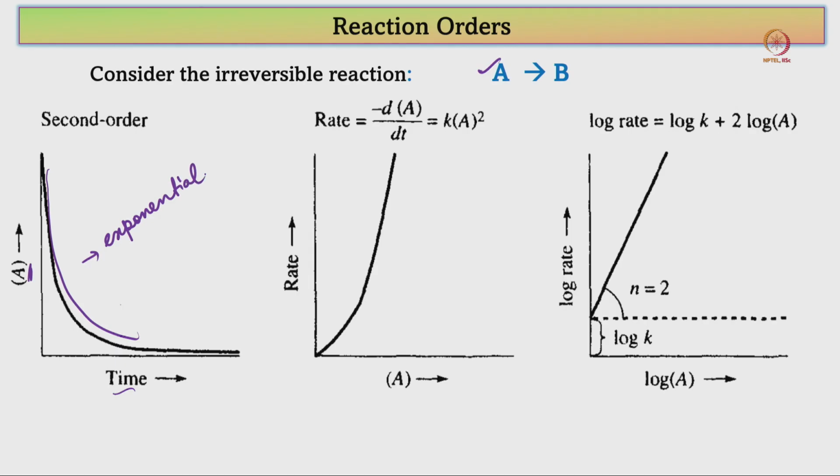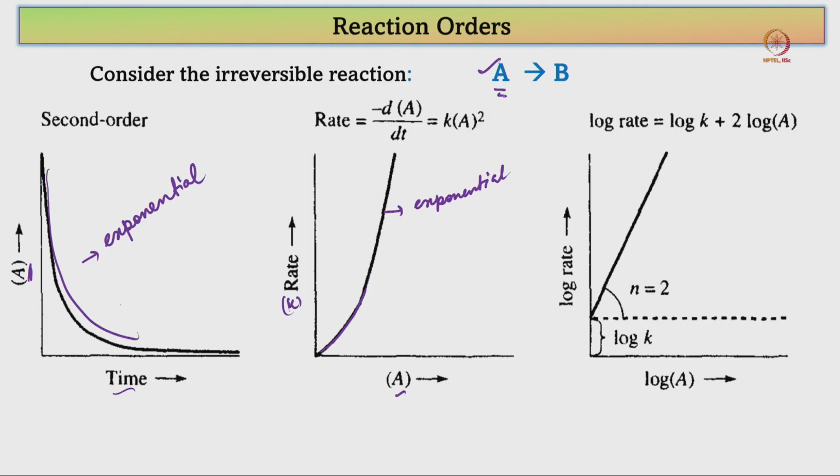And if you plot the rate constant k with the concentration term, you see that it is increasing exponentially. So, for any reaction, if I increase this concentration, my rate exponentially increases.